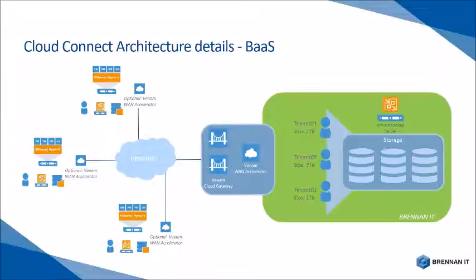As you can see on this diagram, we created 3 tenants, tenants 1, 2, and 3, and each of these tenants has a repository space. When you connect your on-premises infrastructure, you see this repository presented as local storage, but it is actually sitting at the Brennan IT data center. Then you can back up to this space provided by Brennan IT, and that moves your data offsite, following the 3-2-1 design principle.